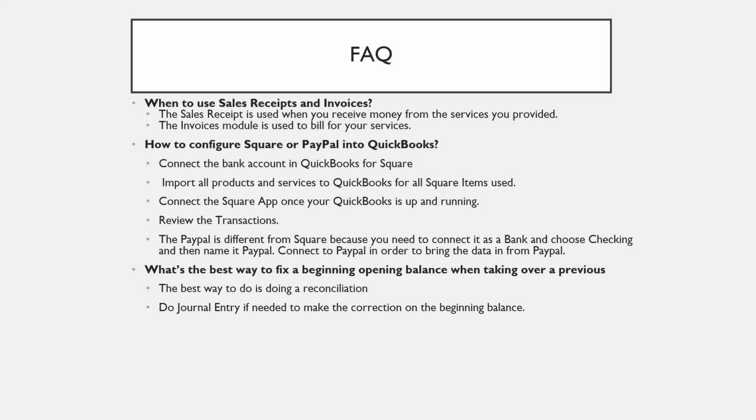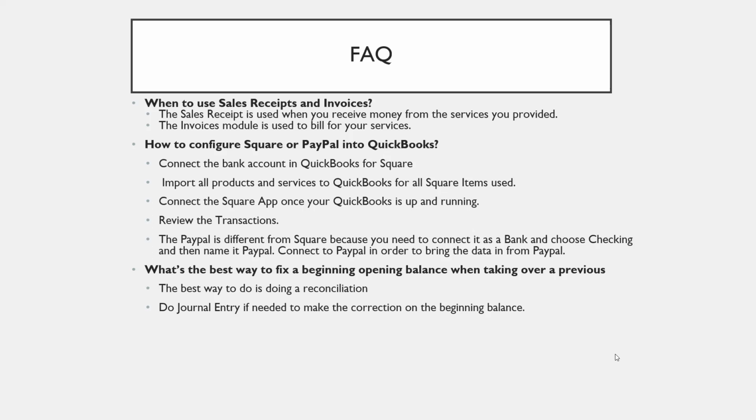How to configure Square or PayPal. We spoke about Square and PayPal, so these are some steps. You have to connect QuickBooks for Square on the Square app, and import all the products and services for Square first. Square is completely different than PayPal, especially because with Square you have to have your own items, products and services in the module.